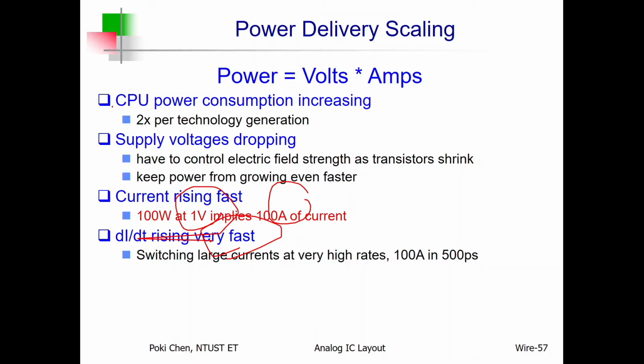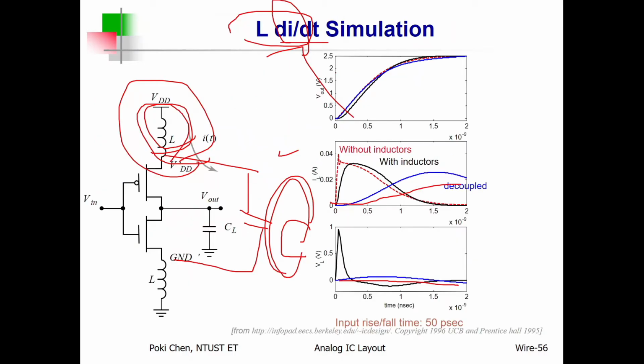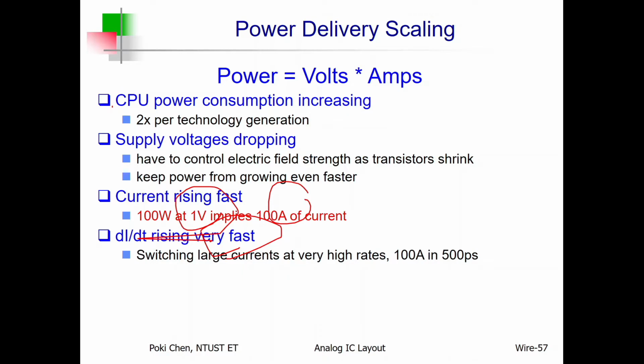So they turn the gates, the switches, on or off very, very fast, at gigahertz order. Wow. It means di/dt is so huge, it's totally beyond your original imagination. We need to deal with such a big problem. But how? How can we deal with it?